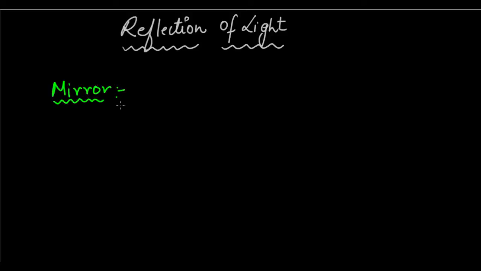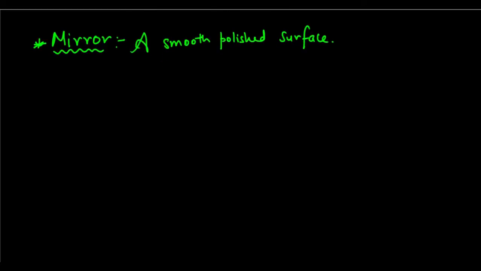A mirror is basically a smooth, polished surface, with some degree of irregularities or very less irregularities, that depends. But it is a smooth, polished surface. We will complete this definition in a bit, but it is not complete yet. Just remember that. We'll come back to it.